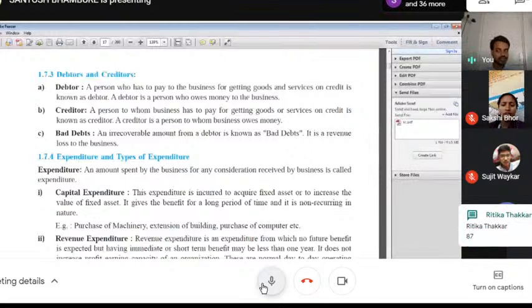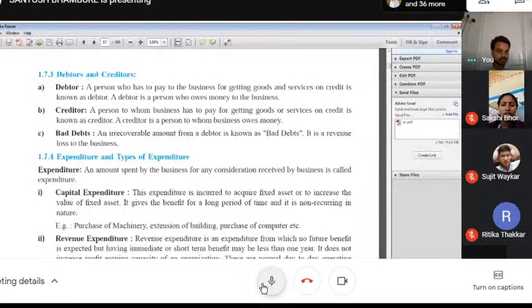So, who is going to explain? Gauri Saskar, is my voice coming? Poonam Bangar, is my voice coming? Bangar, are you here?